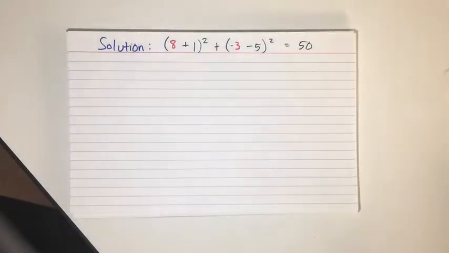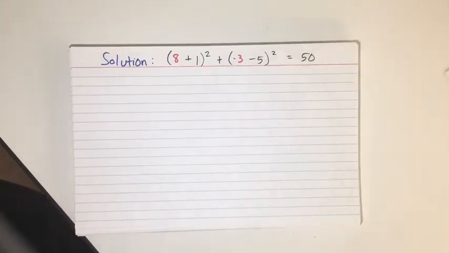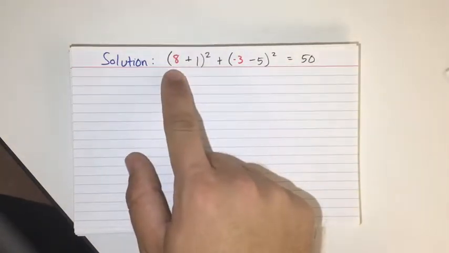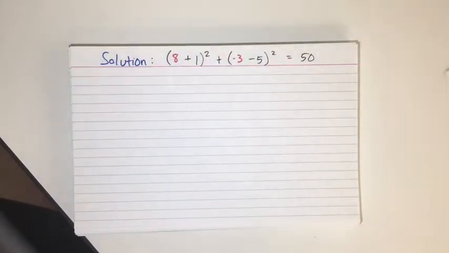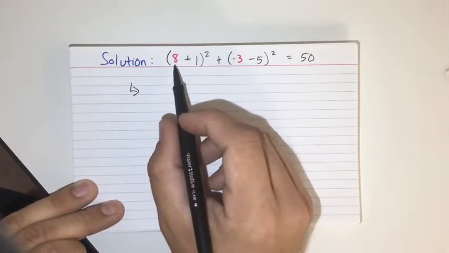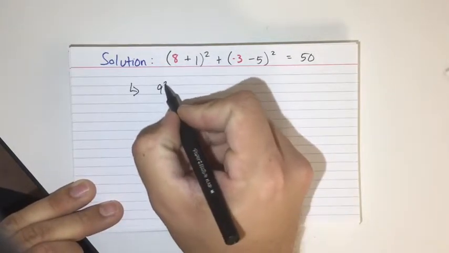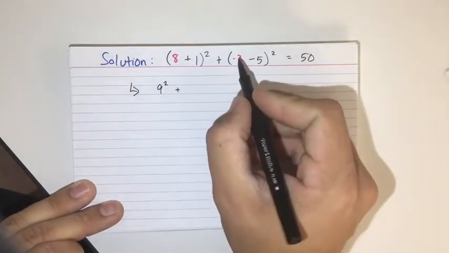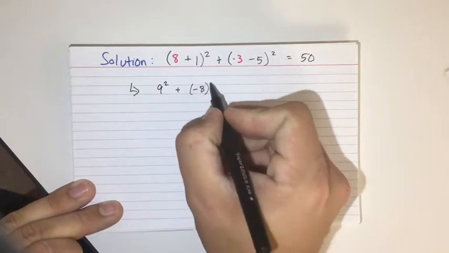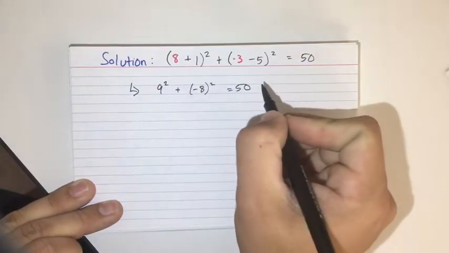We're going to start off by plugging it in. So the point is (8, negative 3). So x is 8, y is negative 3. So 8 plus 1 is 9 squared plus negative 3 minus 5 is going to be negative 8 squared equals 50.